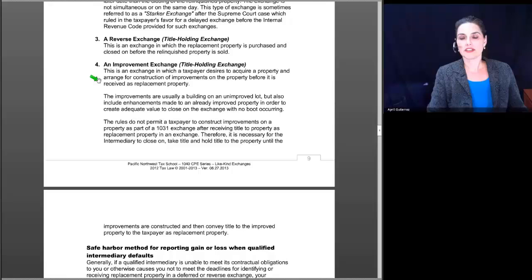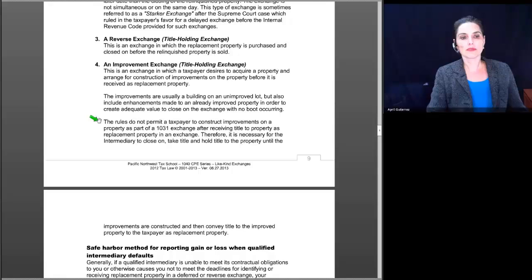Also, there's something called an improvement exchange, or another form of title holding exchange. This is an exchange in which the taxpayer desires to acquire property and arrange for construction of improvements to the property before it is received as replacement property. The improvements are usually a building on an unimproved lot, but also include enhancements made to an already improved property in order to create adequate value to close on the exchange with no boot occurring.